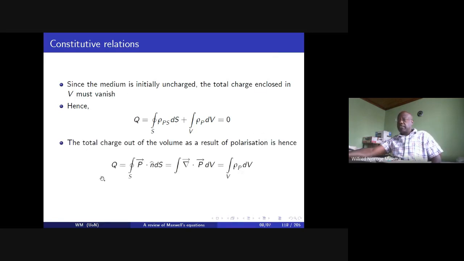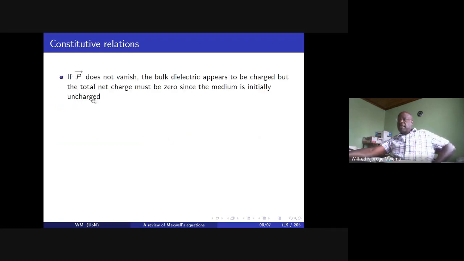And therefore the total charge out of the volume as a result of polarization can be given by the surface integral of P. So if P does not vanish, if the polarization does not vanish, the bulk dielectric appears to be charged, and the total net charge must be 0 since the material is initially uncharged.